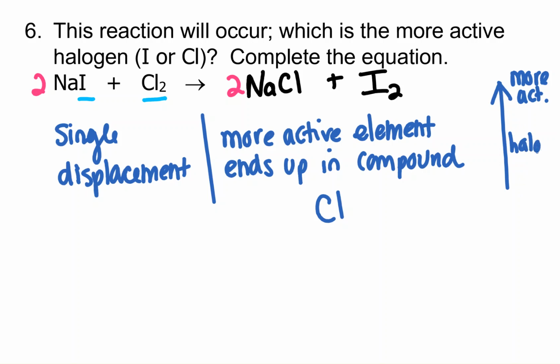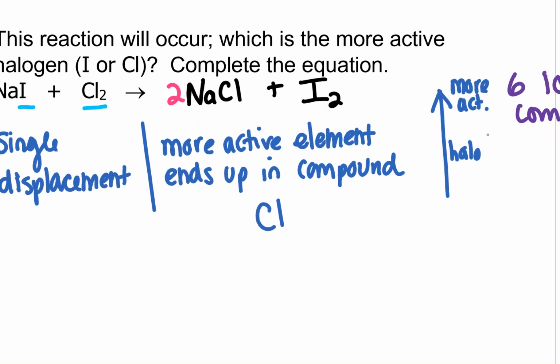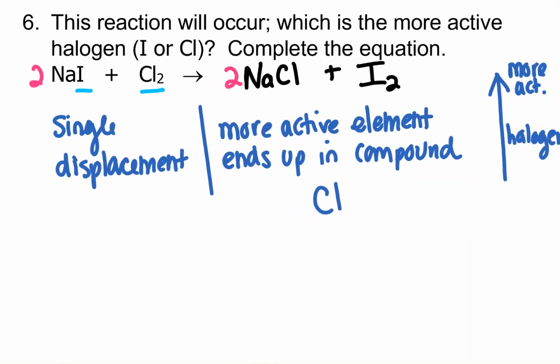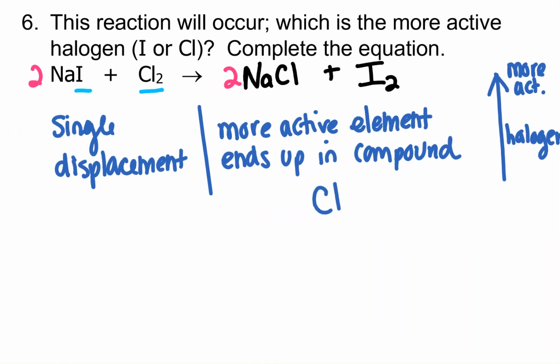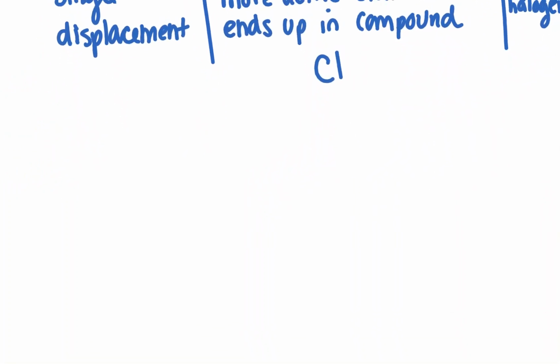That trend works for the halogens. Metals are harder to predict. So you don't need to memorize the trend for the metals, but you might want to know the trend for the halogens, that fluorine is the most active halogen.